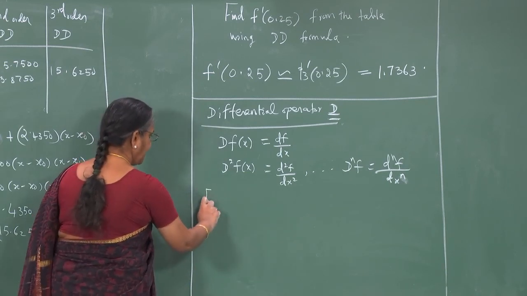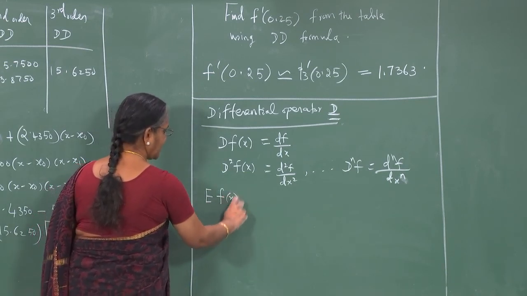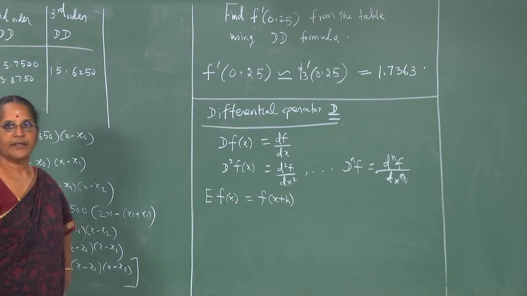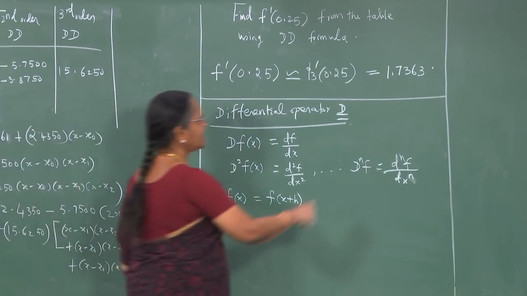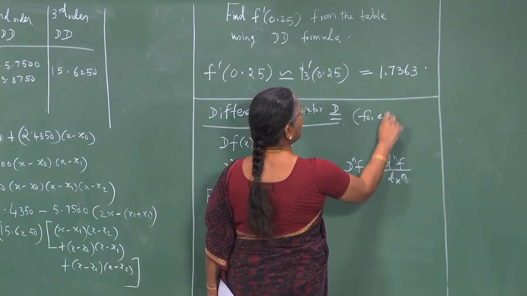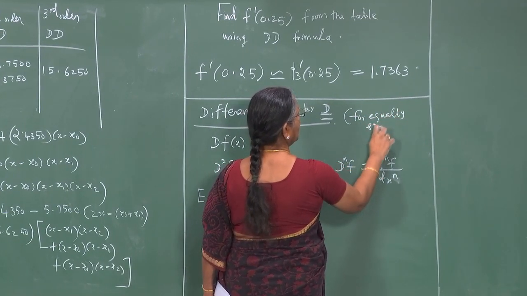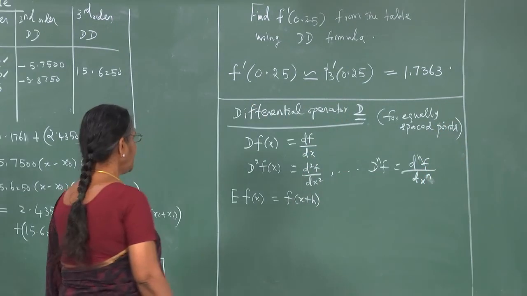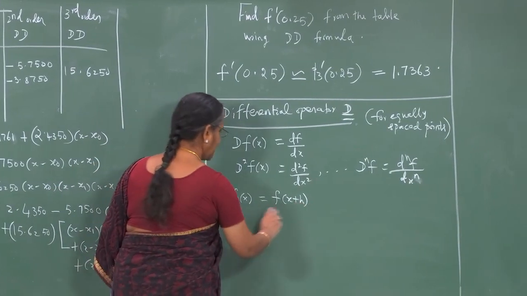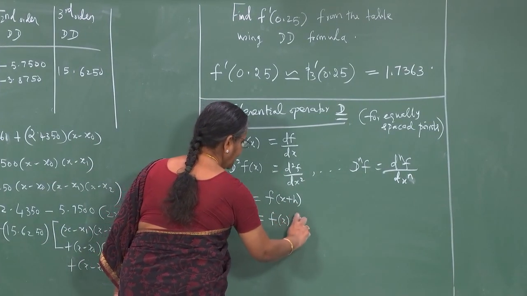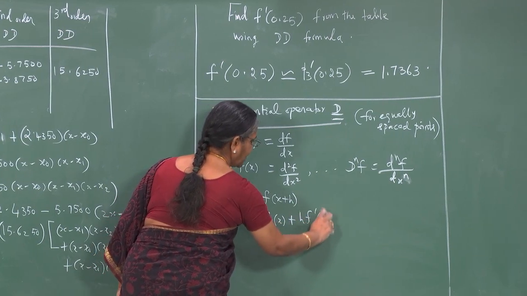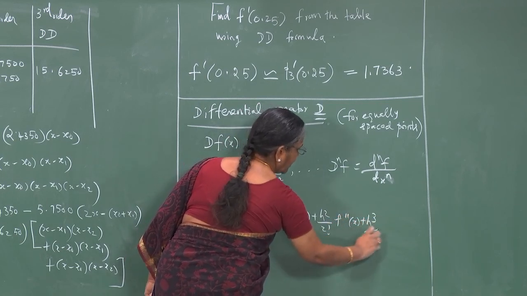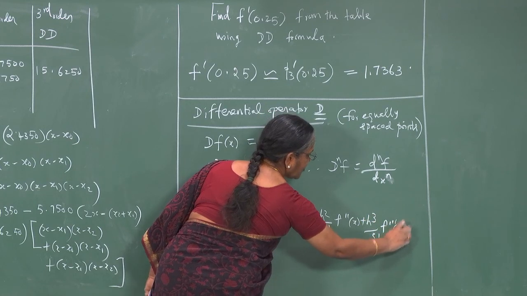We know that the shift operator E, when it operates on f, gives you the value at the next point. We consider these details for equally spaced points. So, let the information be given. E when it operates on f of x is f of x plus h, which by Taylor theorem is f of x plus h f dashed of x plus h square by factorial 2 f double dashed of x, f triple dashed of x, and so on.